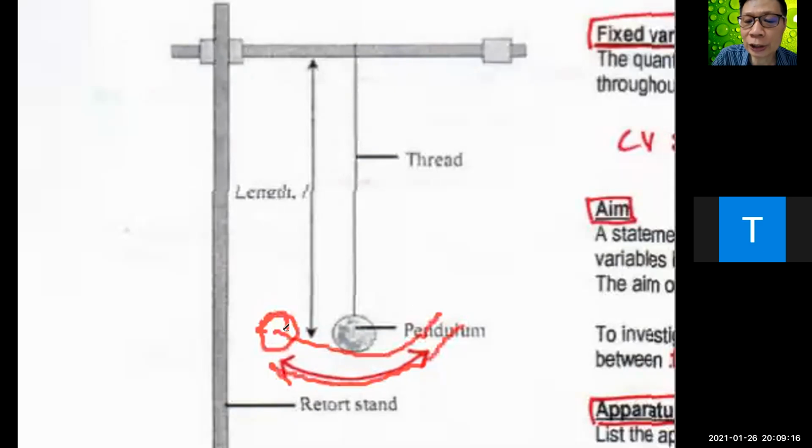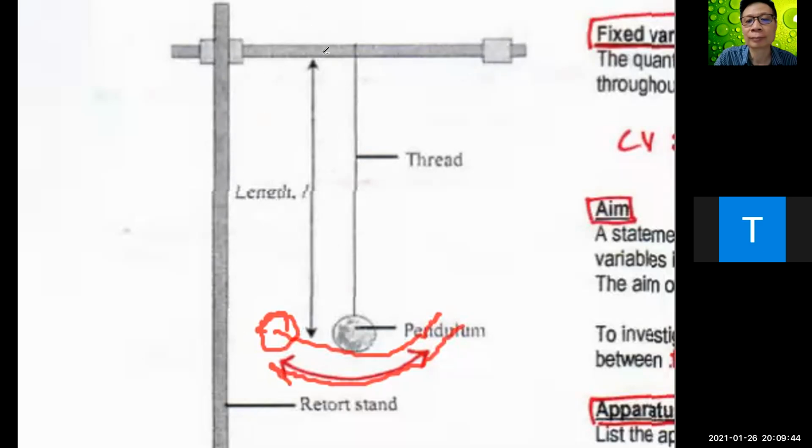If two oscillations, it is like this. Go, come back, one. Go again, come back, two. So one oscillation, two oscillations, three oscillations.